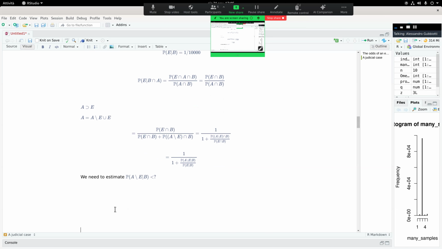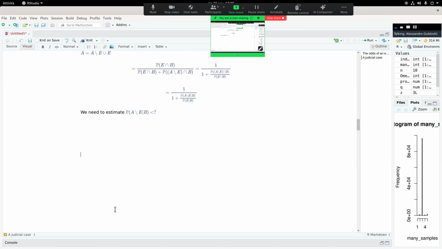So let's go on and do some programming actually. The computer is sampling, performing experiments on the computer.